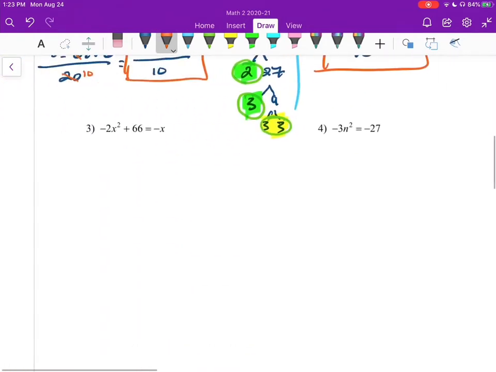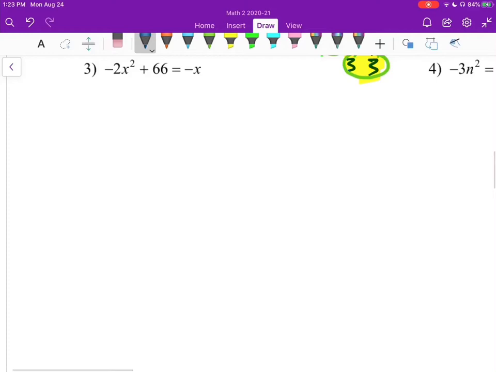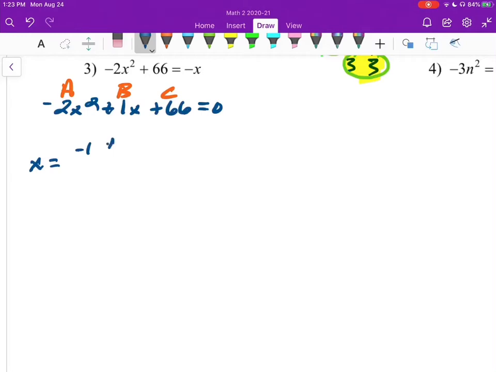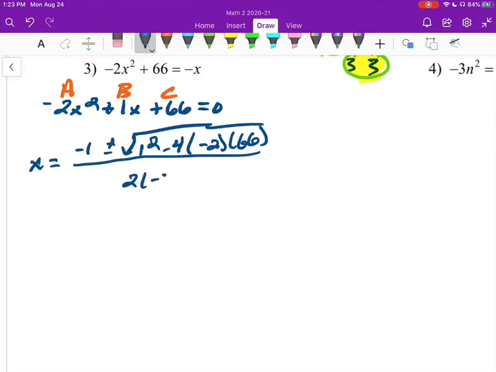Okay, number 3. Again, we have to have it equal to 0. So I'm going to say, well, negative 2x squared plus 1x plus 66 equals 0. Now I have my a, my b, and my c. So I'm going to have x equals negative 1 plus or minus the square root of 1 squared minus 4 times negative 2 times 66, all over 2 times negative 2.